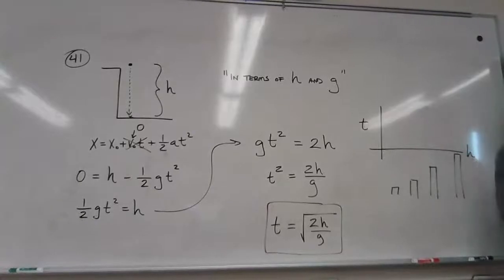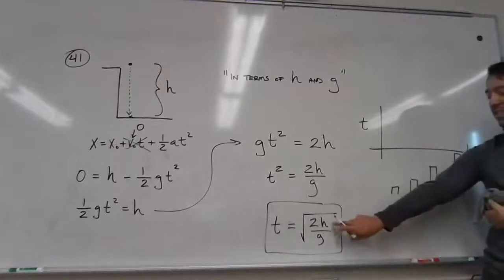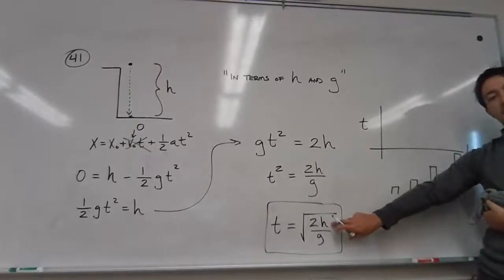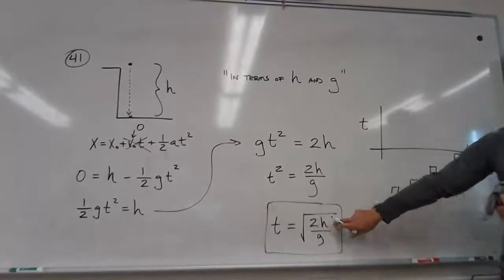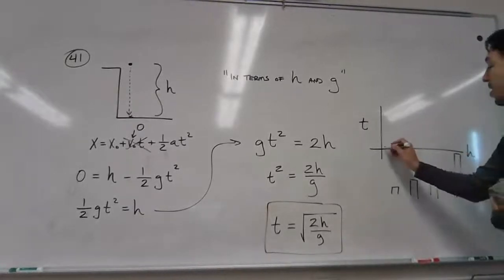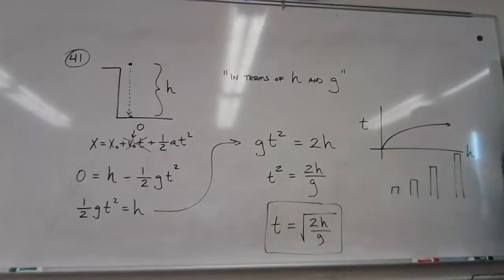What would this curve look like? Where's the h? Look at the h. Where does he live? He's under the square root. So this is going to have behavior like y equals root x. It would look like that. Does that make sense? Sort of?